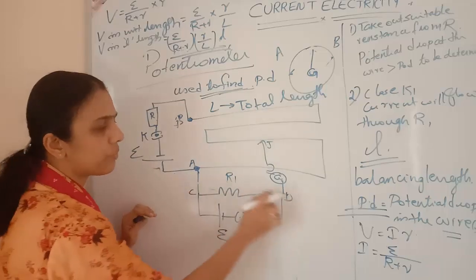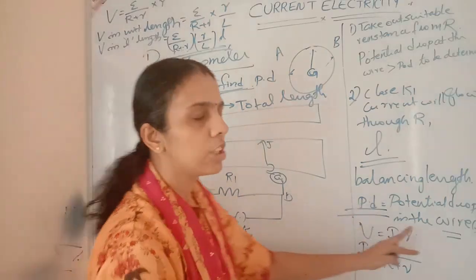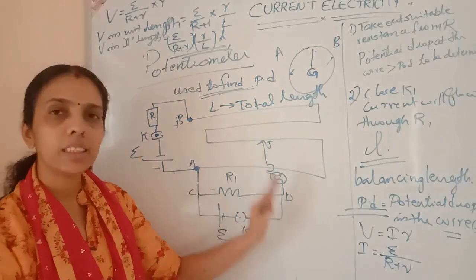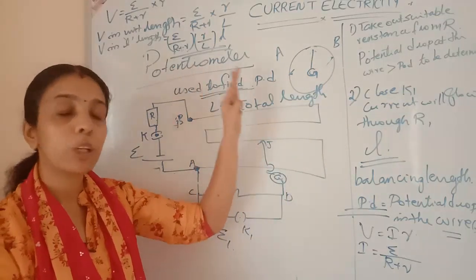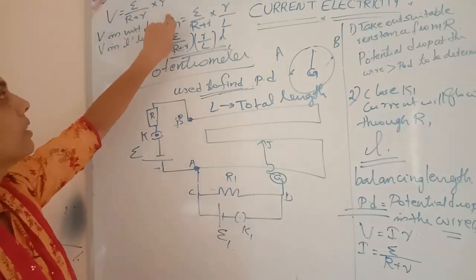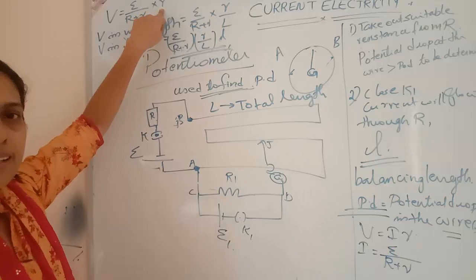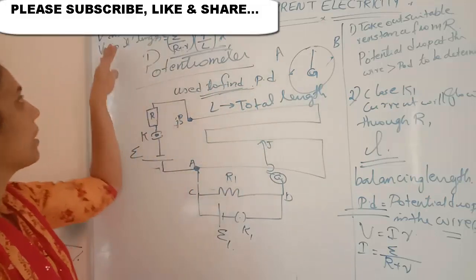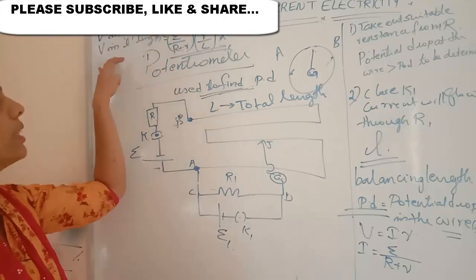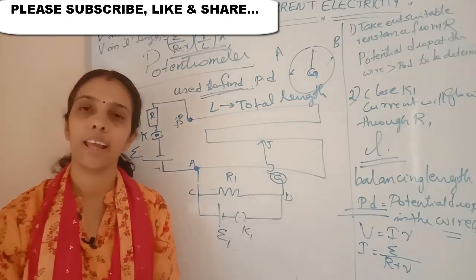So the potential difference will be equal to the potential drop across this balancing length. Next we find the total potential, V is equal to I r, where small r is the resistance of the wire. Now we find V in unit length, and then V in length l.